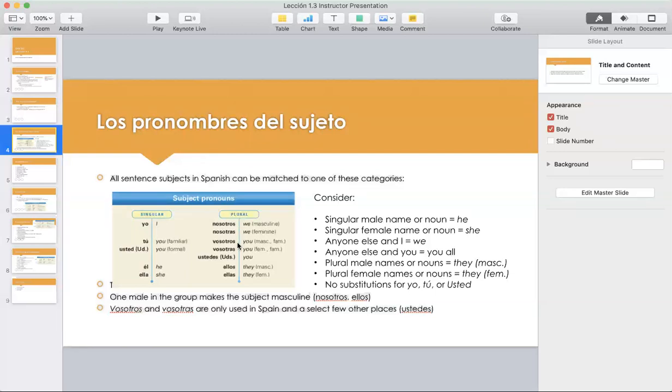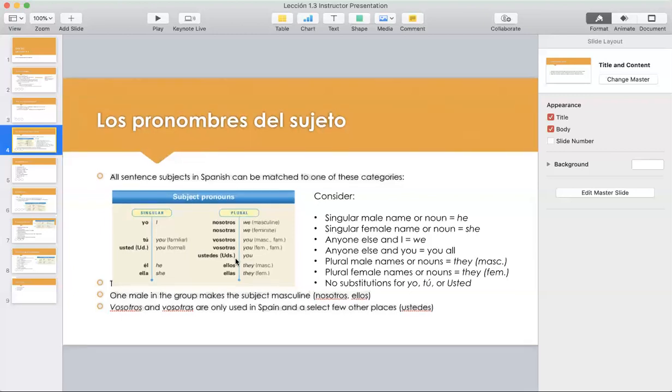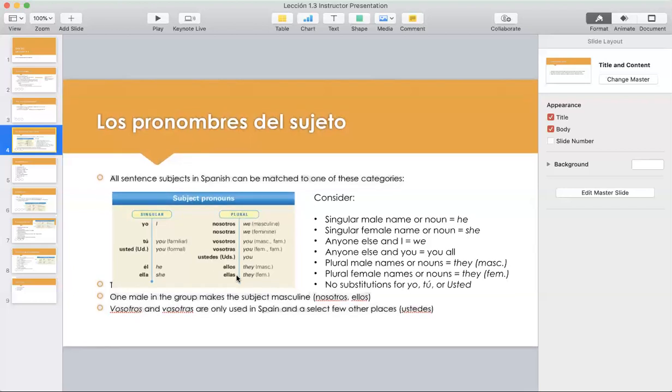Vosotros or vosotras, used in Spain or Argentina, for instance, is when you're talking directly to two or more people, but you're not including yourself. Ustedes, same exact thing. You're talking to two or more people, not including yourself. Ellos, ellas, they, when you're talking about two or more people and you're not talking directly to them.